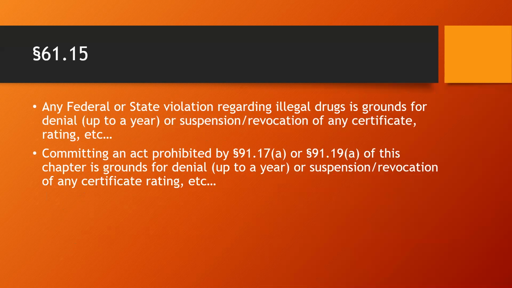61.15: any federal or state violation regarding illegal drugs is grounds for denial up to a year or suspension or revocation of any certificate, rating, etc. Committing an act prohibited by 91.17 Section A or 91.19 Section A of this chapter is grounds for denial up to a year or suspension or revocation of any certificate, rating, etc. So the general gist of this is that if you commit any type of drug or prohibited act offense, the FAA can take your certificate away from you.